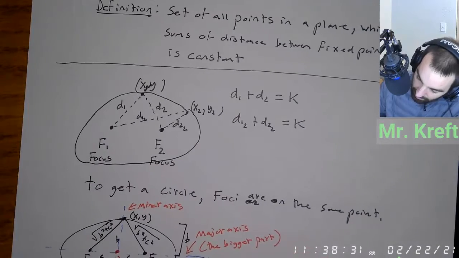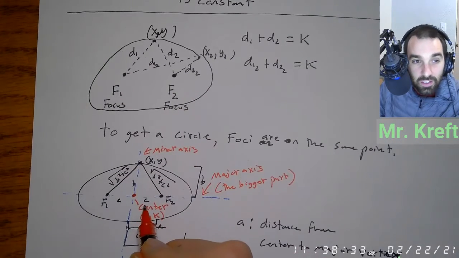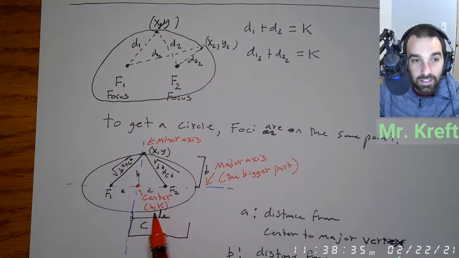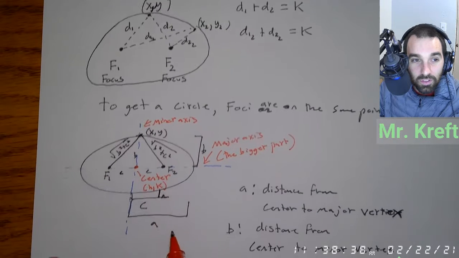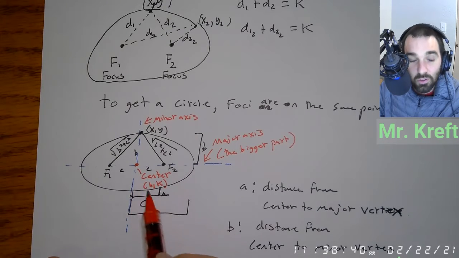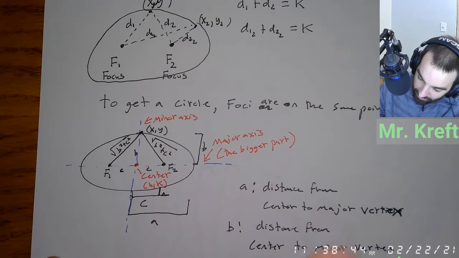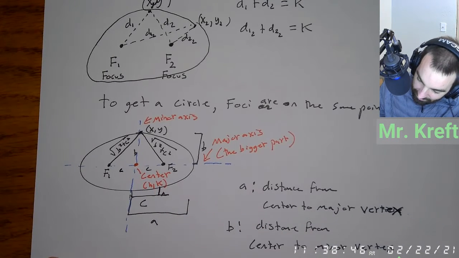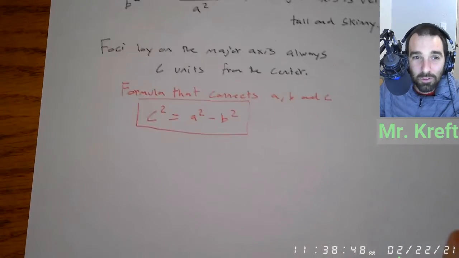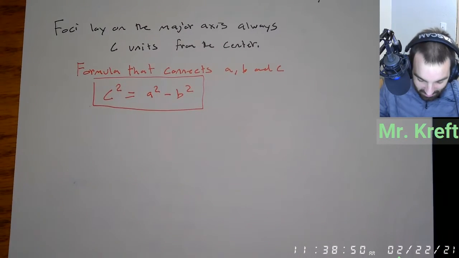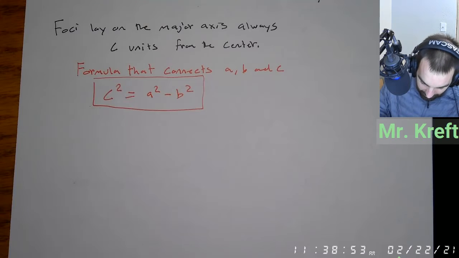Now, what's connecting them, with C squared, A and B, has to do with the triangles that are going on there. And the idea is that, okay, I just don't have time to derive it for you, so you guys are just going to have to bear with me on that.